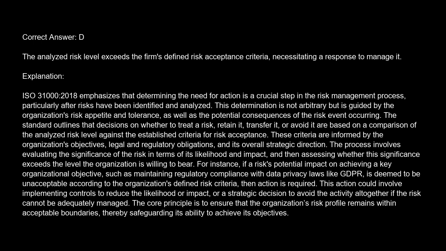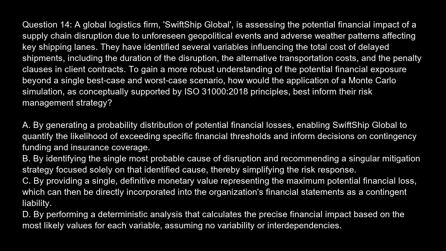This action could involve implementing controls to reduce the likelihood or impact, or a strategic decision to avoid the activity altogether if the risk cannot be adequately managed. The core principle is to ensure that the organization's risk profile remains within acceptable boundaries, thereby safeguarding its ability to achieve its objectives.